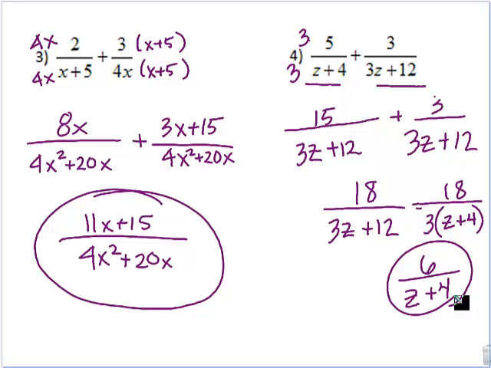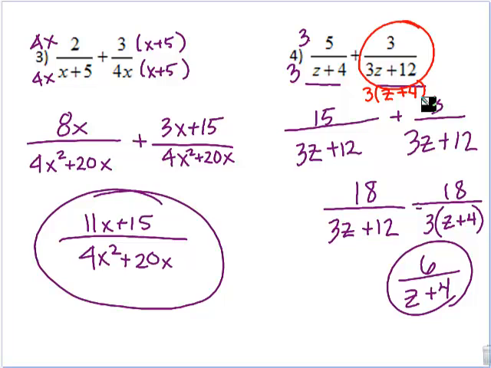Does anyone see how we could have gone from this first problem to the ending simplified answer by going about it slightly differently? Right here, the other way we could have looked at this was 3z plus 12. We could have taken a 3 out right here and made it 3 times z plus 4.